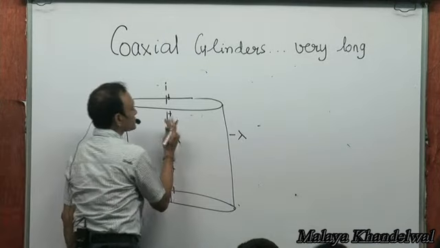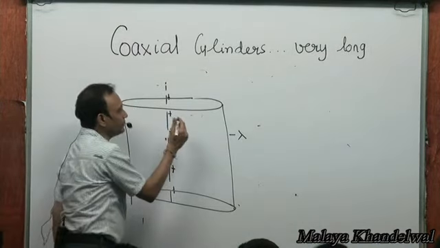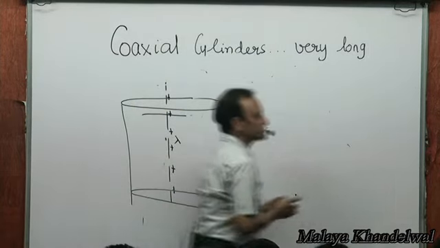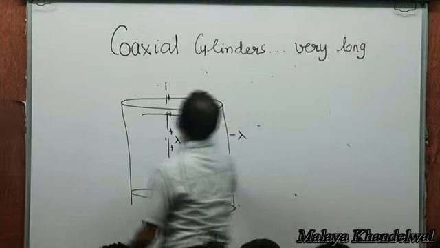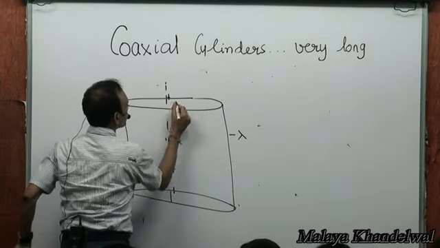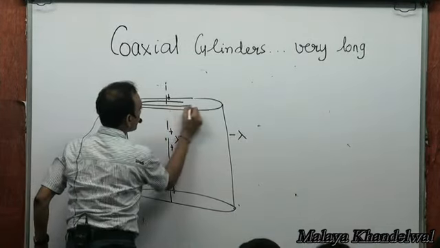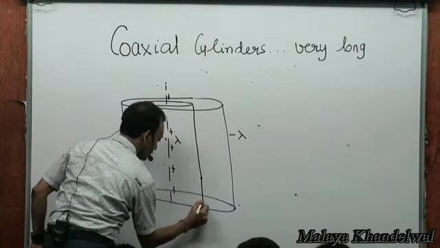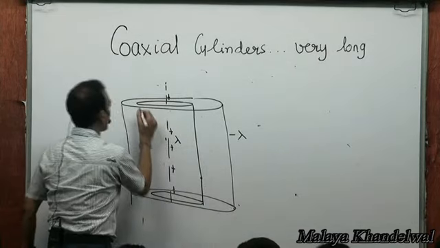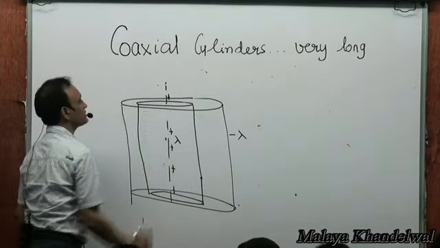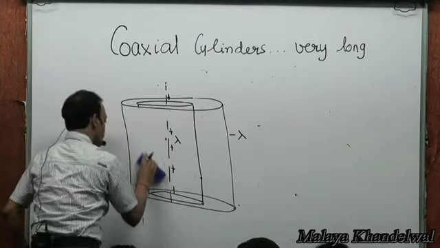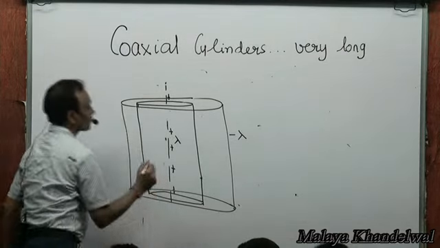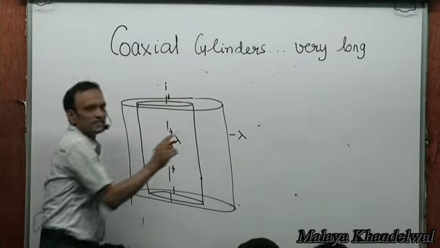Now what you can do is, outside the inner cylinder, construct a cylindrical Gaussian surface of radius r greater than a.